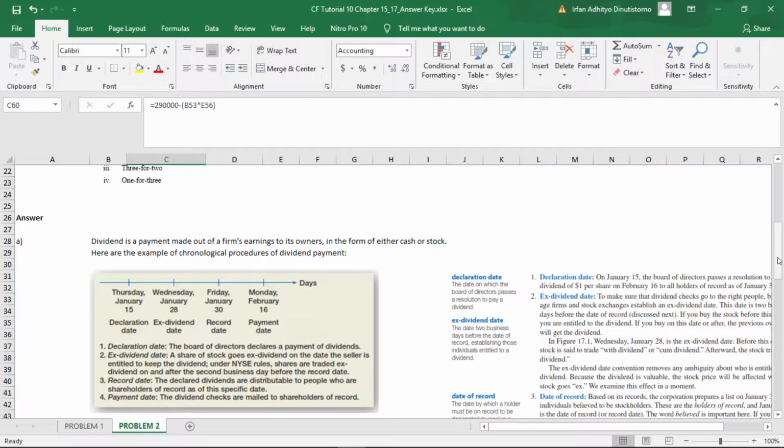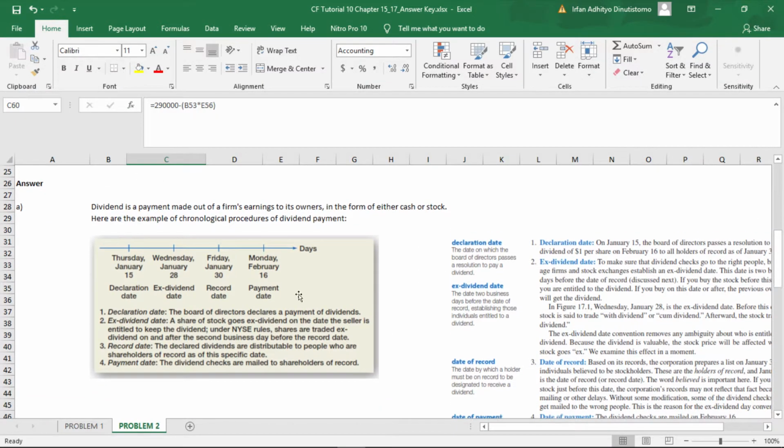What is declaration date? Declaration date is the date where the board of directors declares a payment of dividends. So they will give dividends to its shareholders. And we're gonna start with the record date first.